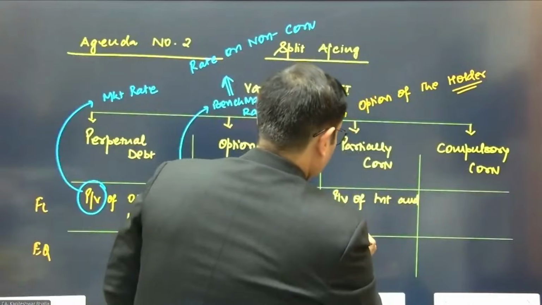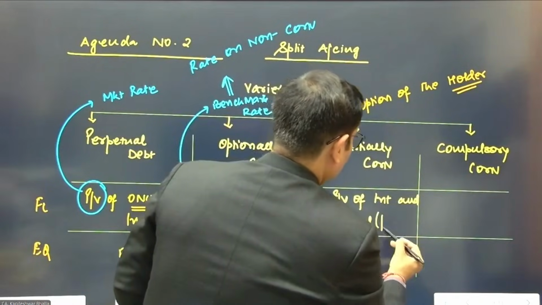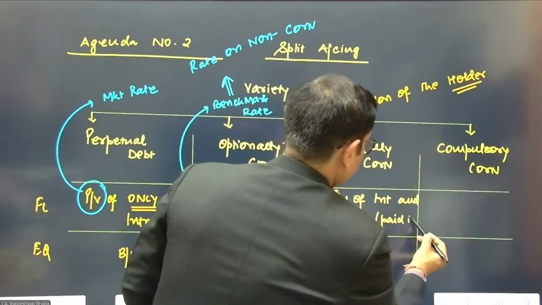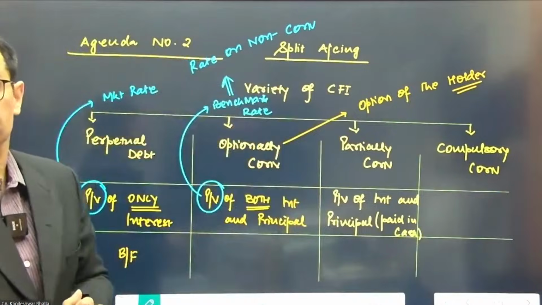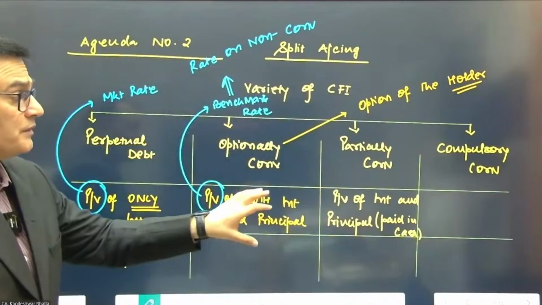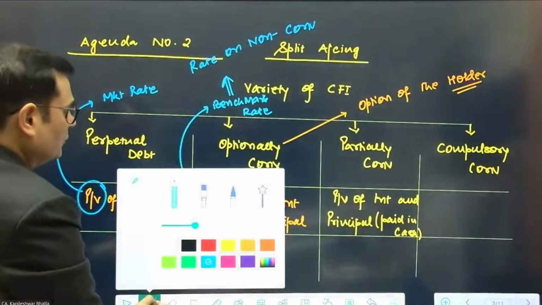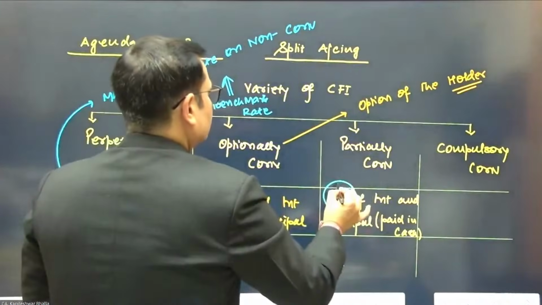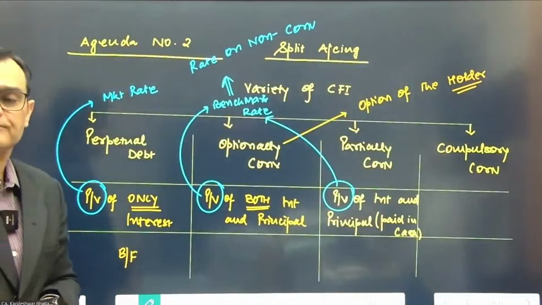So both the interest and the principal which is going to be paid in cash, not the component which is going to be paid in terms of shares. So this is what we're going to consider in this case. And trust me, when you consider the present value, the same concept of the benchmark rate applies here as well.